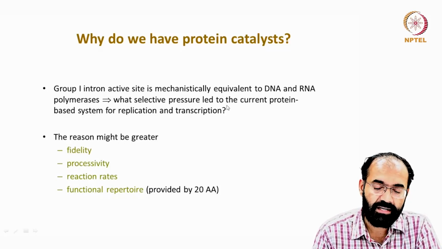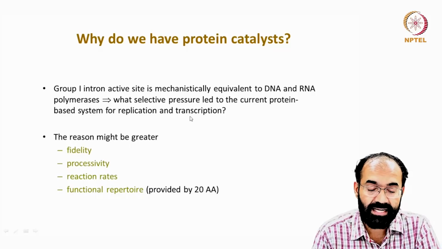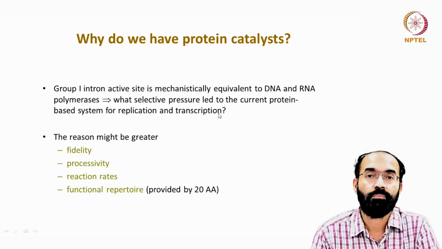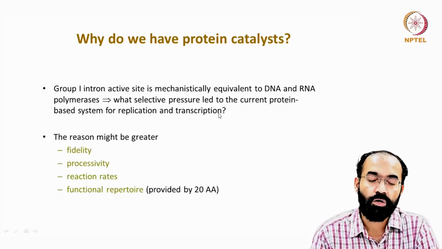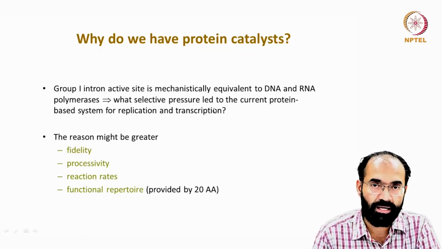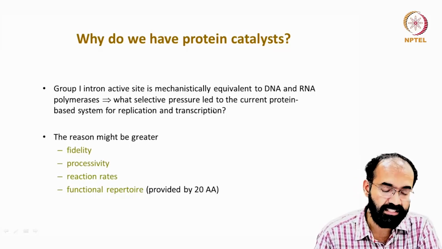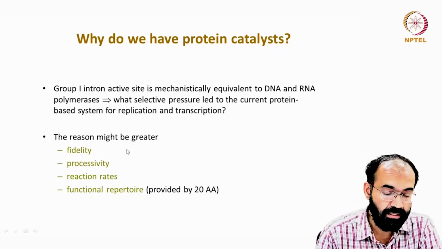What selective pressure led to the current protein-based system for replication and transcription? Because in the modern world, no DNA replication happens without a protein, and no RNA production happens without a protein. That means the job which was done by the ribozyme is now almost completely taken over by protein enzymes. Is there a reason behind it? The reasons might be much greater than what we can assume.